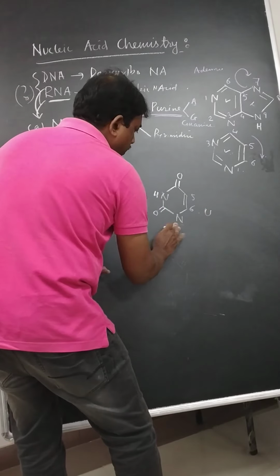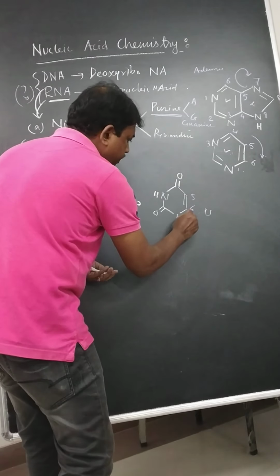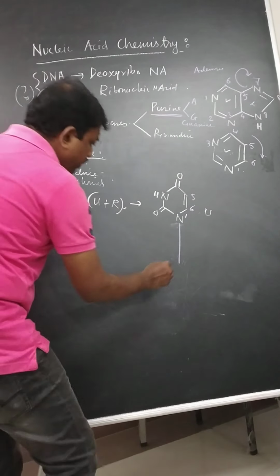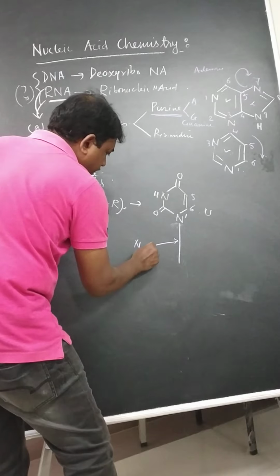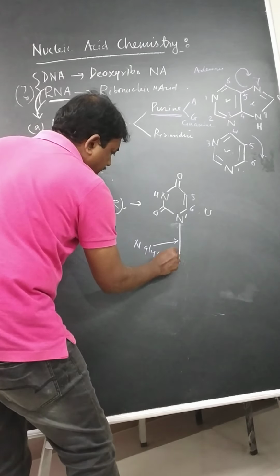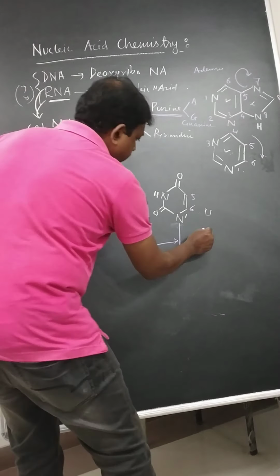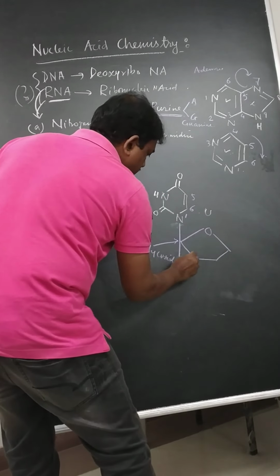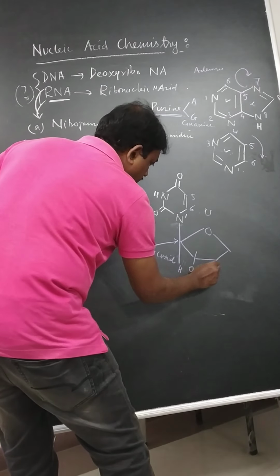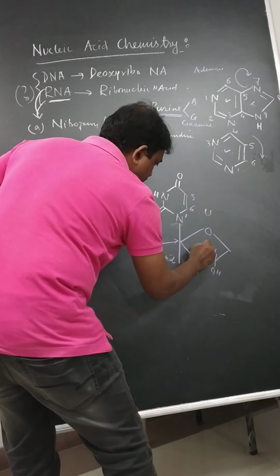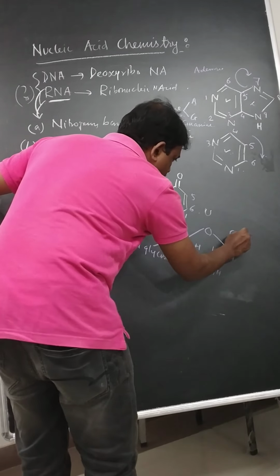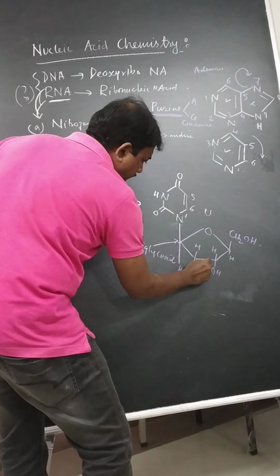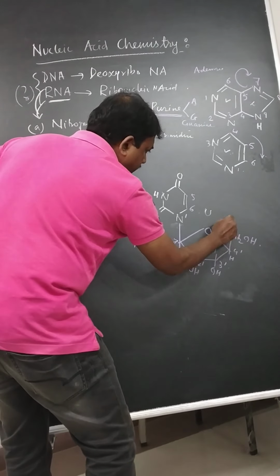Now this nitrogen forms the N-glycosidic linkage. With this in the anti-conformation, there is the attachment of this ribose. Again the same ribose is attached here. This is the 1', this is the 2', this is the 3', 4' and the 5'.